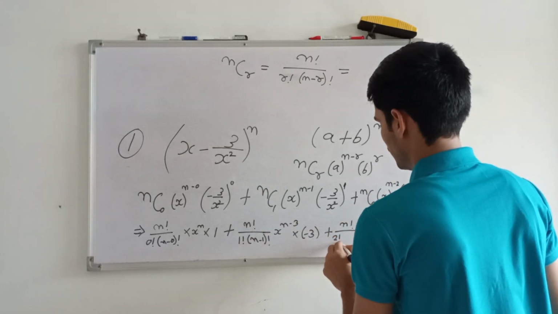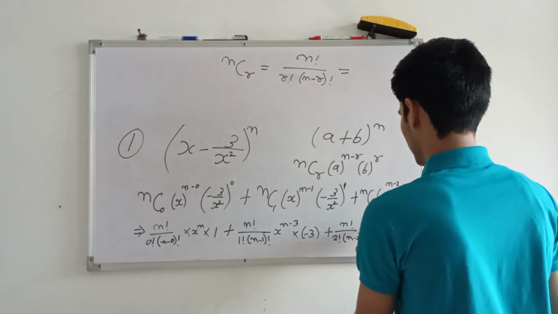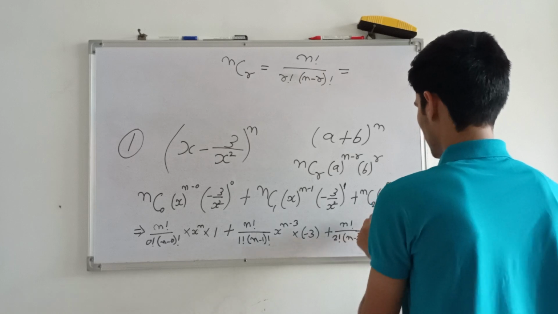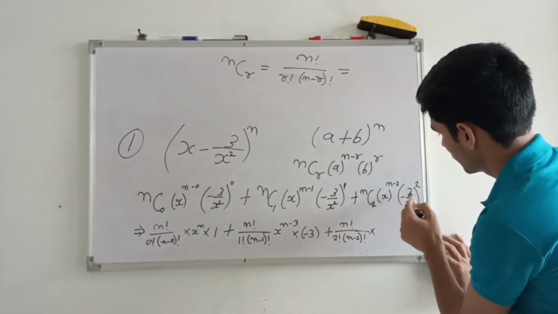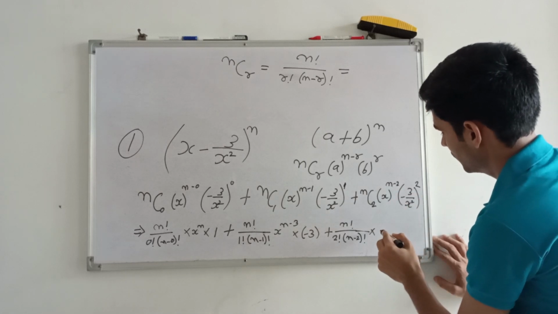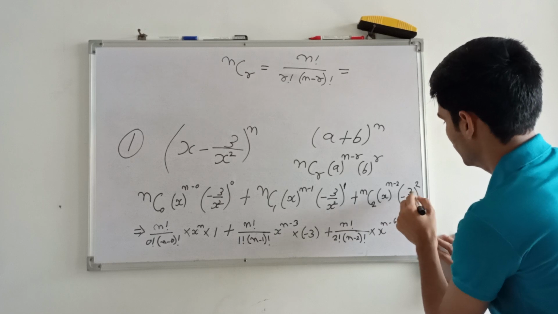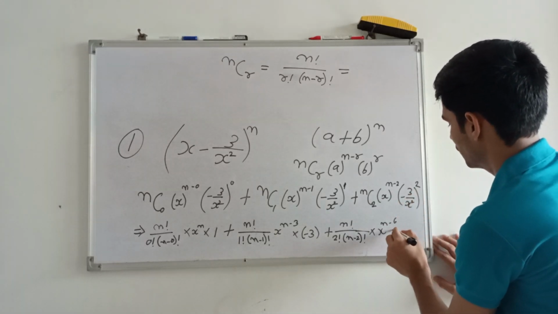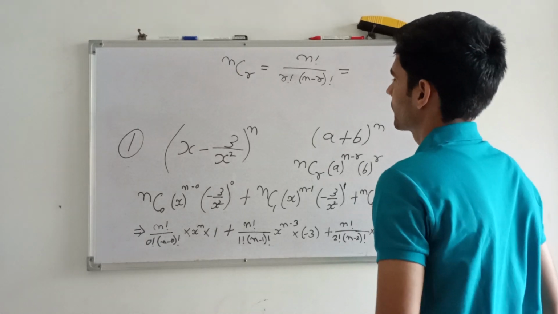2 factorial into n minus 2 factorial. What will it be? It will become x to the power 4, then n minus 2 minus 4 will be x to the power n minus 6, and minus minus will become plus, into 3 squared.